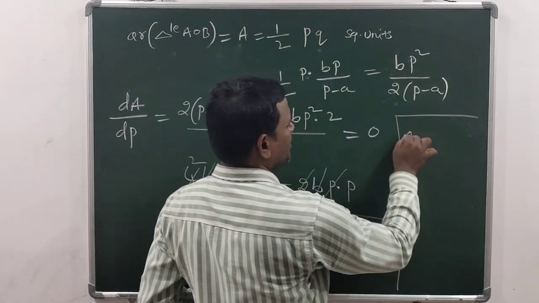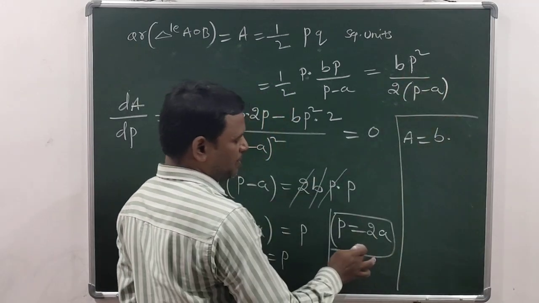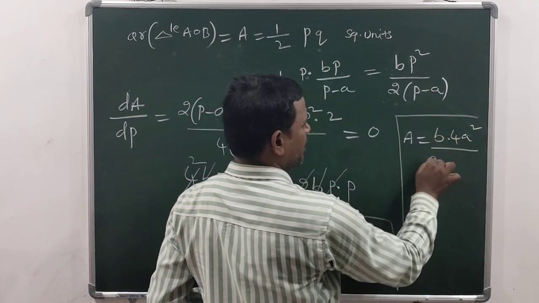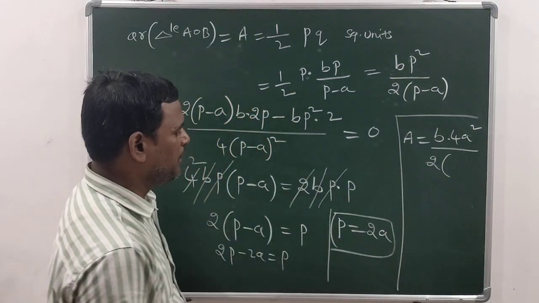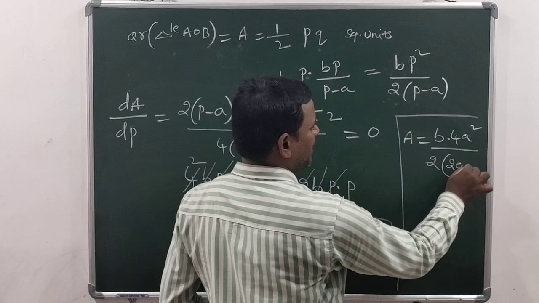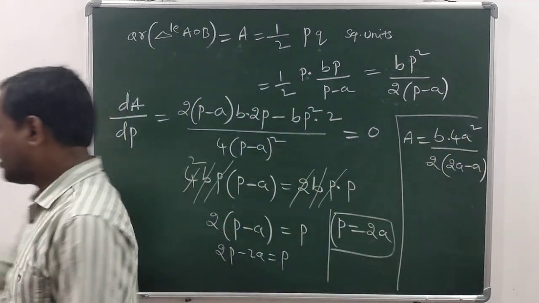Now here, A is equal to b into, so here p square means 4a square, whole by 2 into, tell me students, p minus a, so here p equal to 2a, 2a minus a. Now simplify that.